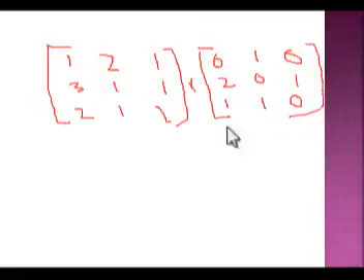How can these two square matrices be multiplied? This is 3 by 3 and this is 3 by 3, so these matrices can be multiplied.